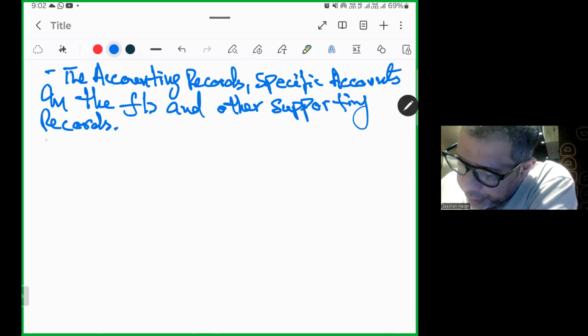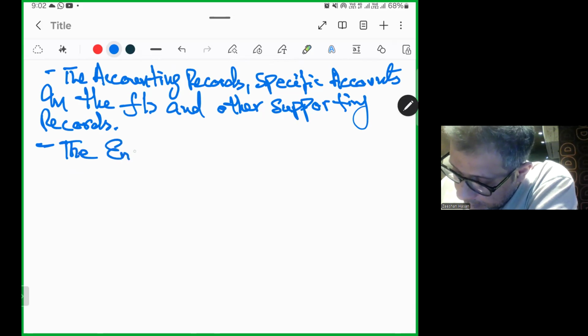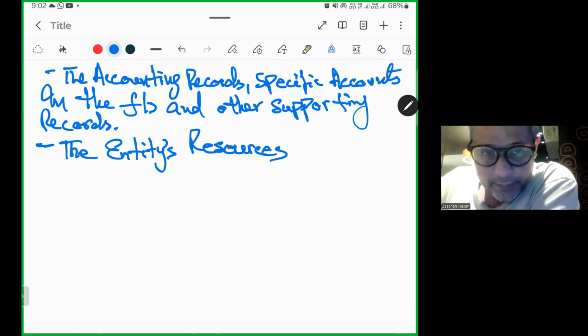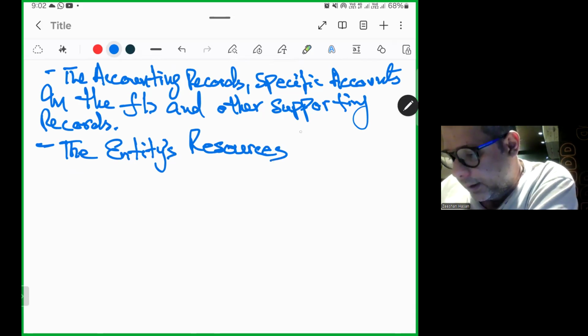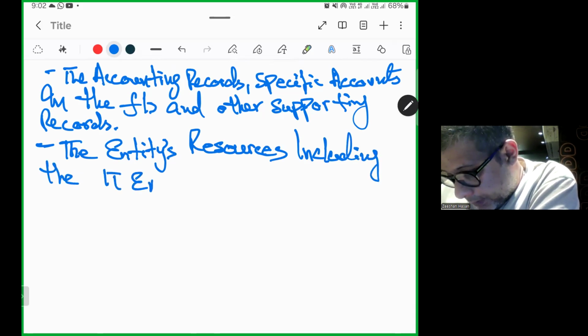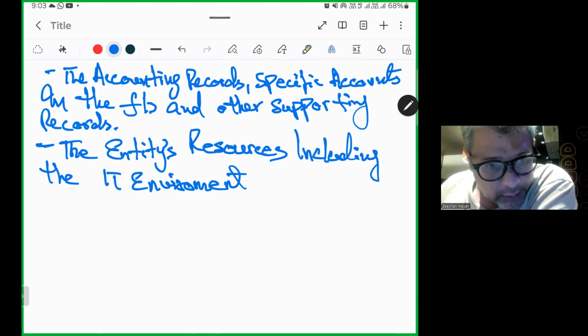The entity's resources, including the IT environment. Okay, so far so good.